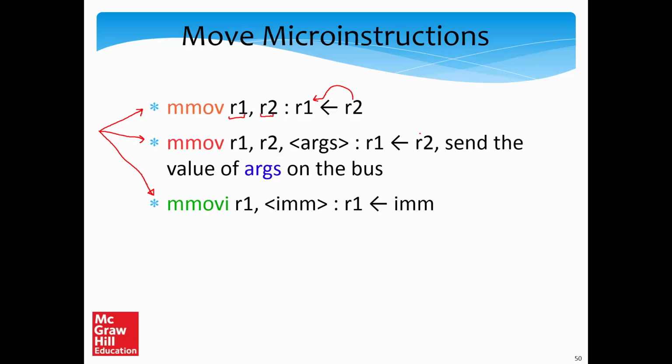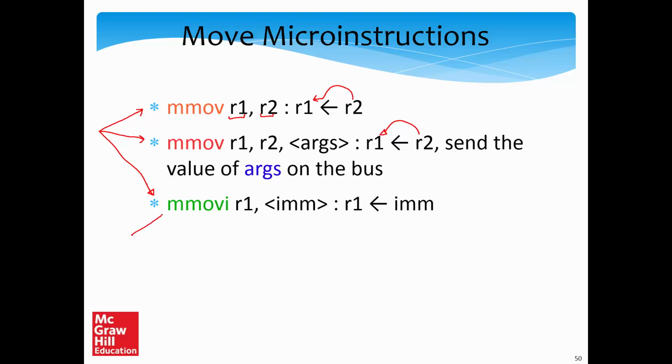It puts R2 in R1, and it also sends the value of args on the bus. If an additional set of arguments is present, then the value of the args field is sent on the shared bus. So M move comes in two formats, one with arguments, one without.